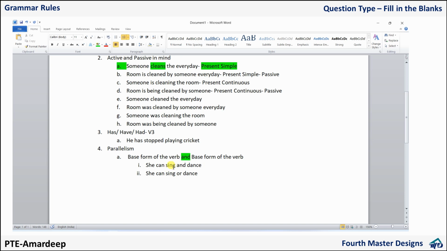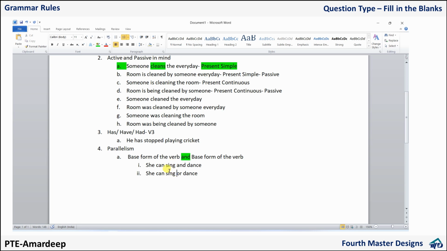So she can sing and dance, she can sing or dance. If it is base form before and, then it has to be base form after and also. Then there is one more thing: with can I need to write the first form only.